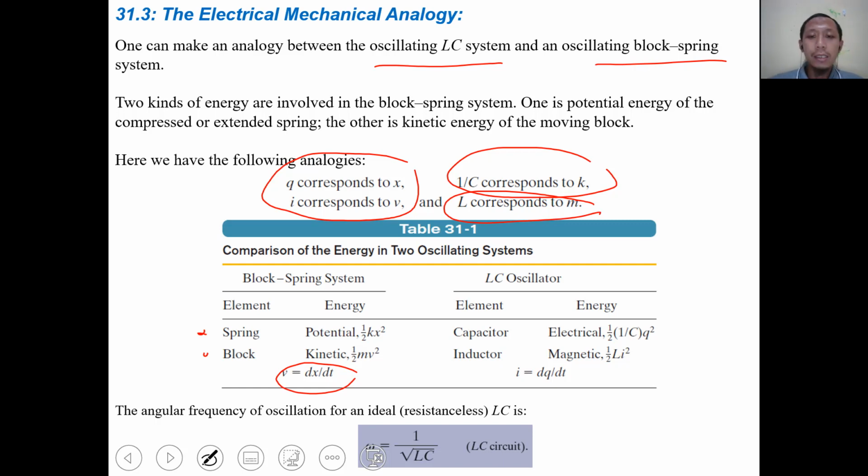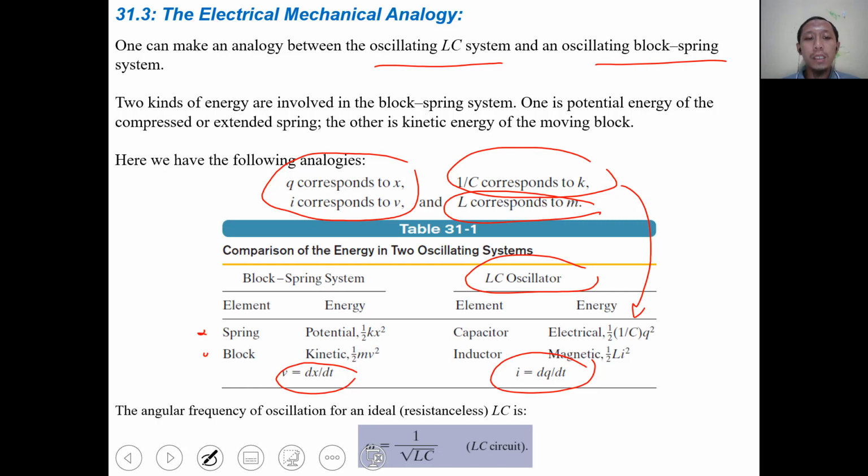And then in the LC oscillator, the energy in the capacitor is a half of 1 over C dot q squared. So the k corresponds to 1 over C, and then the inductor stores magnetic energy of a half of L i squared, and the I is equal to dq per dt.